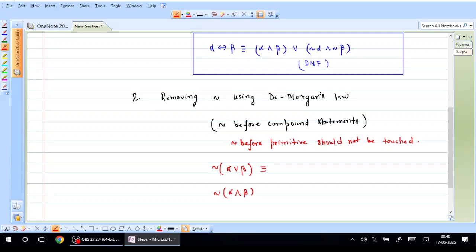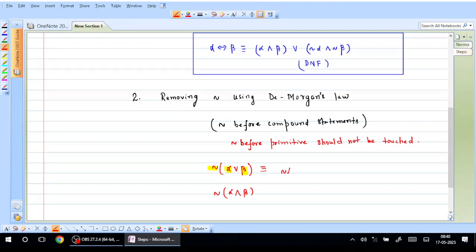Negation applies separately to each of the atomic statements, and meet and join will swap. Here you can see negation applies to alpha as well as beta, right?